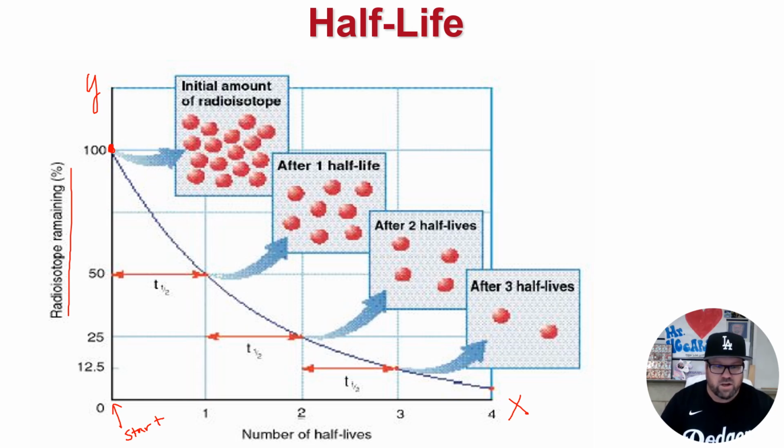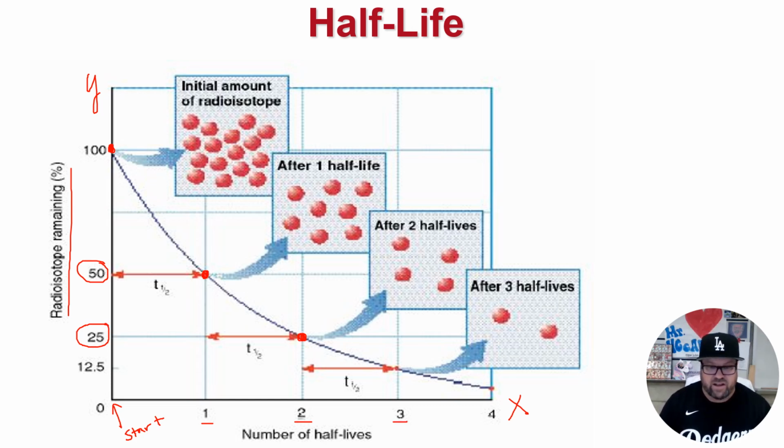Now look, once we get to half-life 1 and we go to the graph, what percent of our original sample remains? 50. If we go down to the second half-life, half-life 2, very good sequel, what's half of 50? 25.